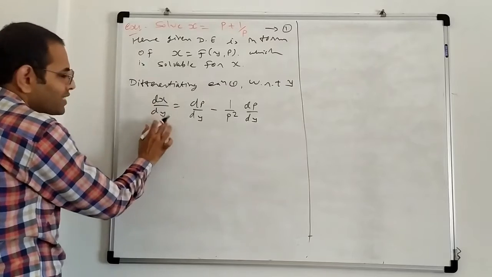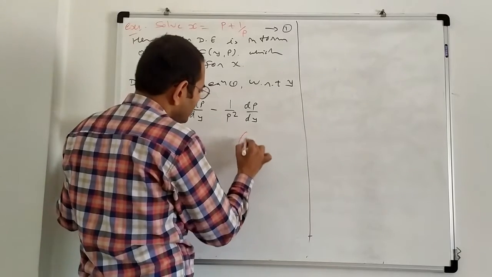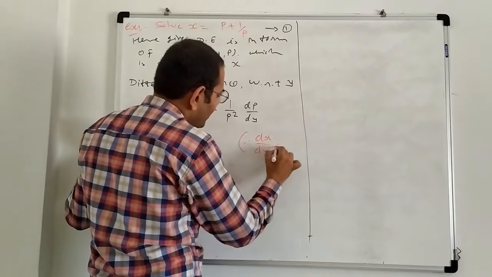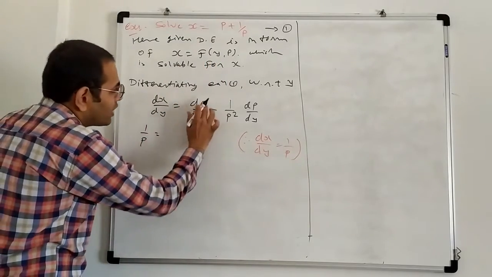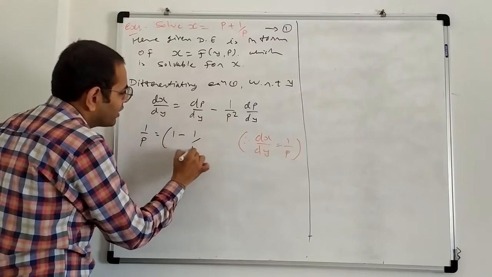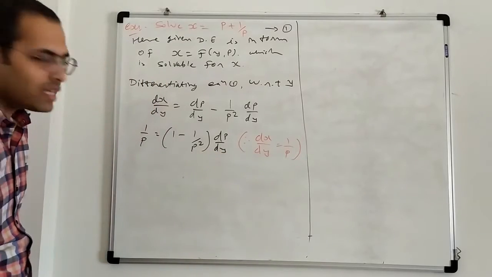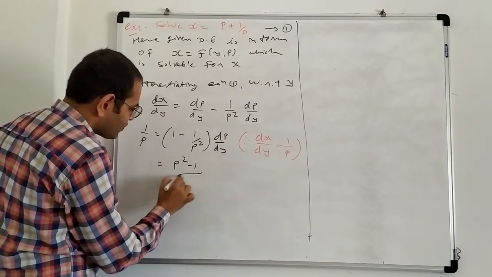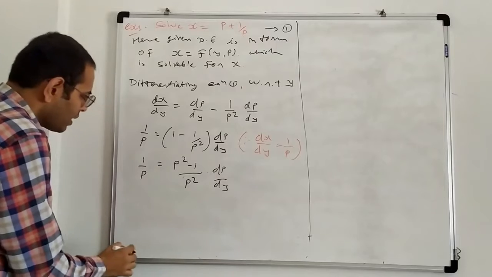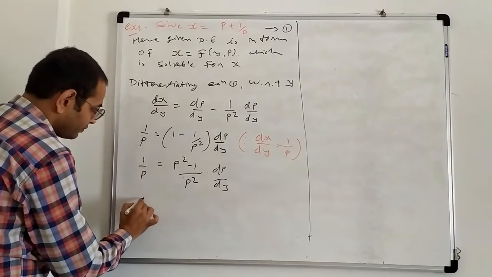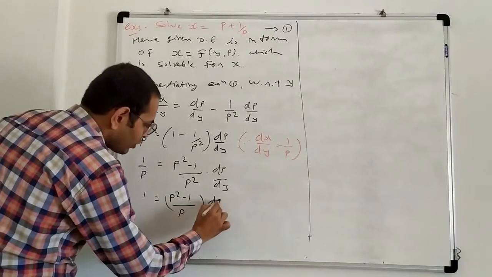Now dx by dy we can write as 1 upon p. Substitute this value in this equation, and dp by dy, which is common, then taking LCM, we get p square minus 1 upon p square dp by dy, then 1 upon p cancels out, then 1 equal to p square minus 1 upon p into dp by dy.